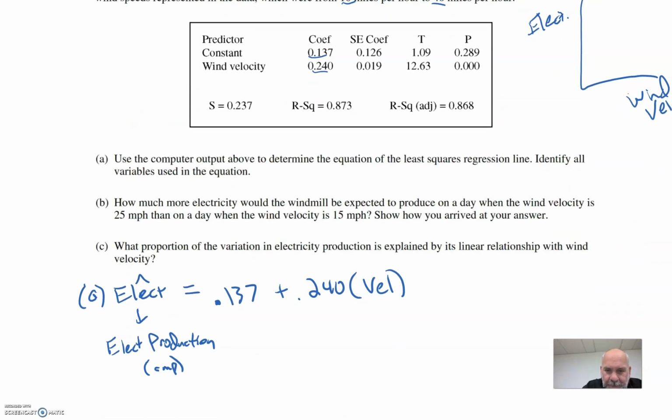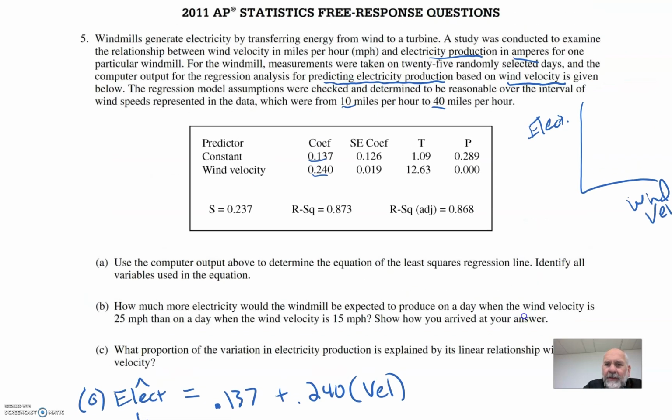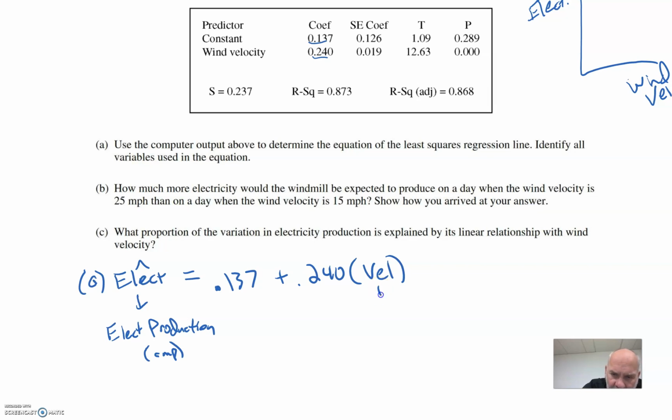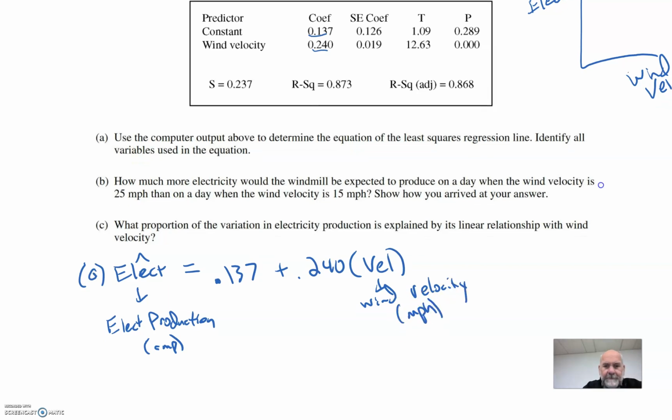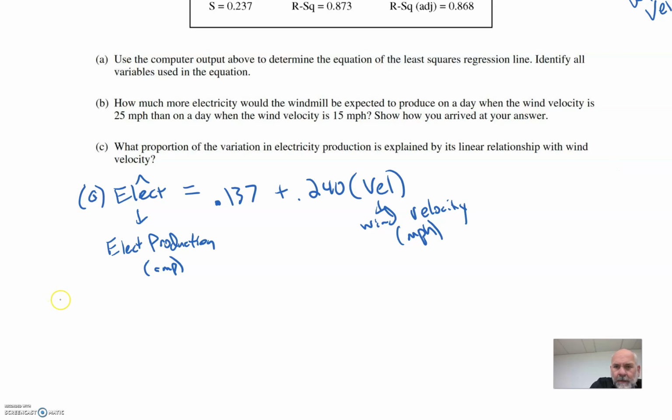And then the wind velocity is miles per hour. So this, I'd say, wind velocity in miles per hour. That's fine. Okay, that's all I had to do for that one. And again, that might not have been required on the rubric, but I'm just making my answer a little bit better because I have enough time, I think.